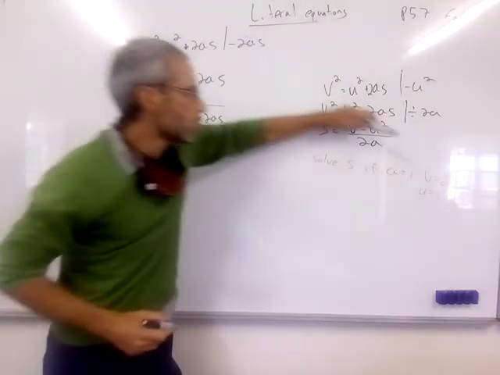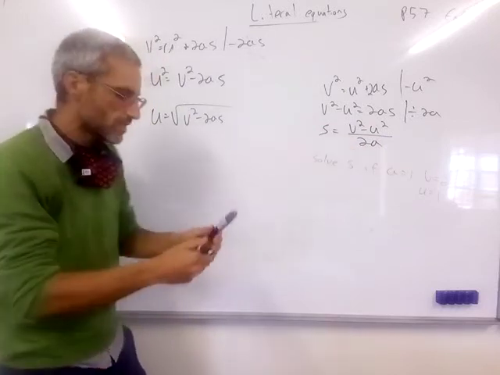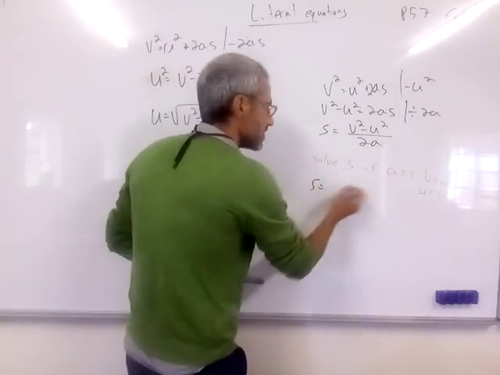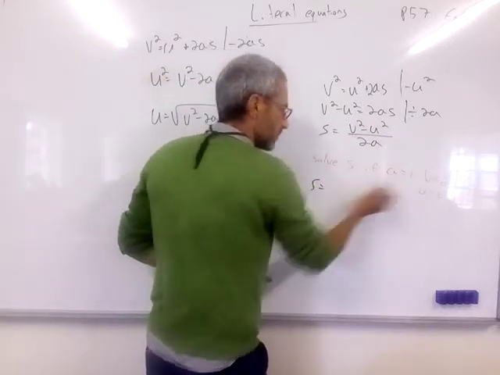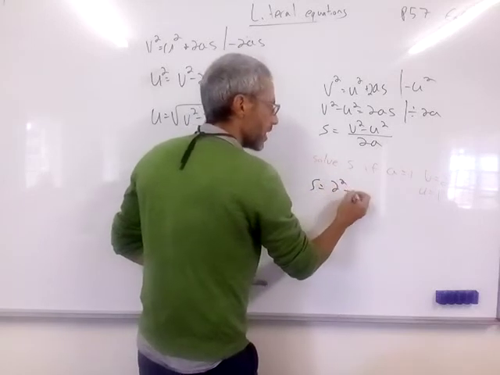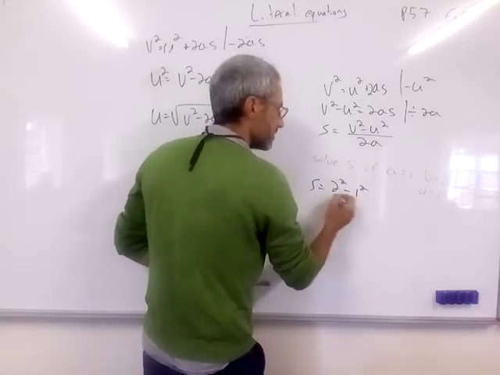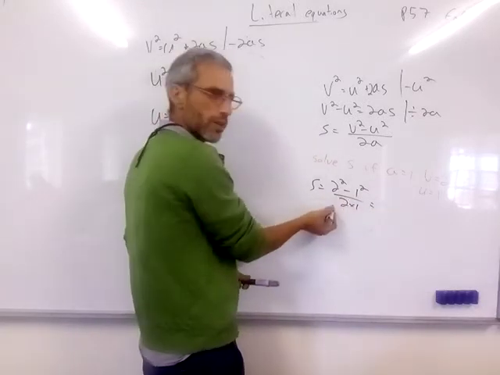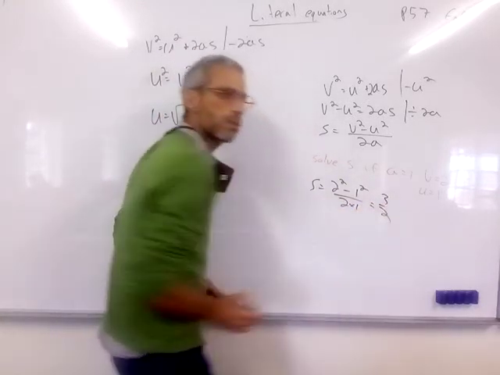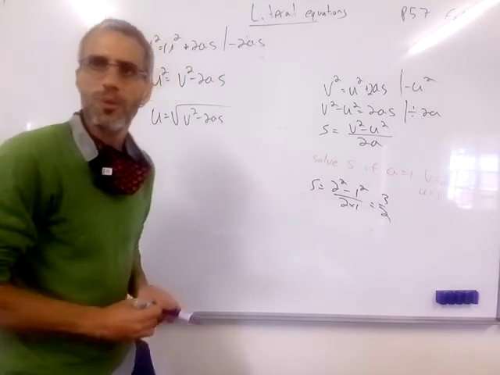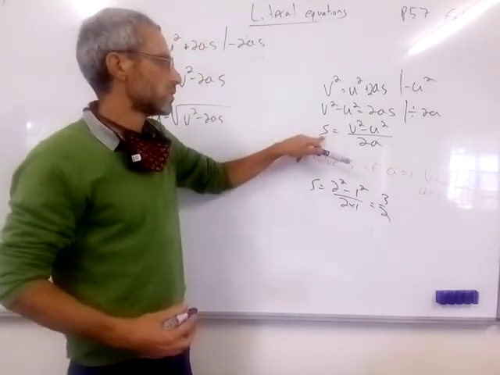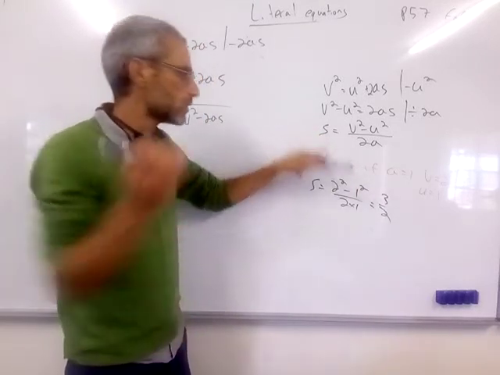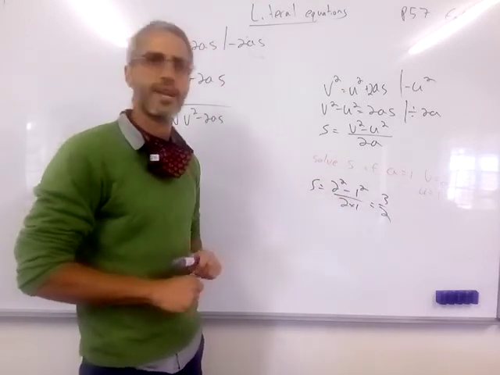Once you already found the formula, it's very easy to find the answer, right? S is equal to V squared minus U squared over 2a. What is V? V, we said, is 2. So it'll be 2 squared minus 1 squared divided by 2 times 1. How much is that? 4 minus 1, 3. 3 over 2? Yes, sir. So that could be the next bit of the question. First, make S the subject. Now substitute all these values and you get what S is.